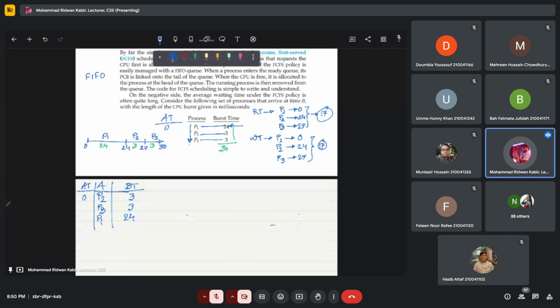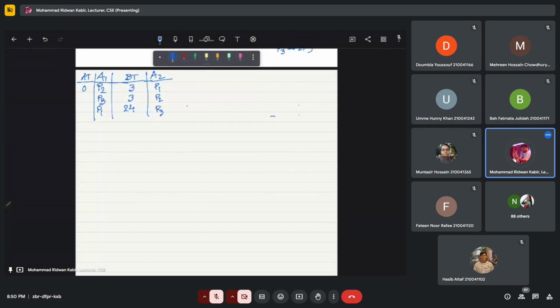Let's say this is arrival order 1, and let's consider another arrival order A2, which is, for example, P1, P2, and P3. For these two arrival orders, we'll calculate their response times, waiting times, and turnaround times. What is mostly focused on in this domain is the average waiting time. Most of the time, you'll find me asking about the calculation of average waiting time from the question.